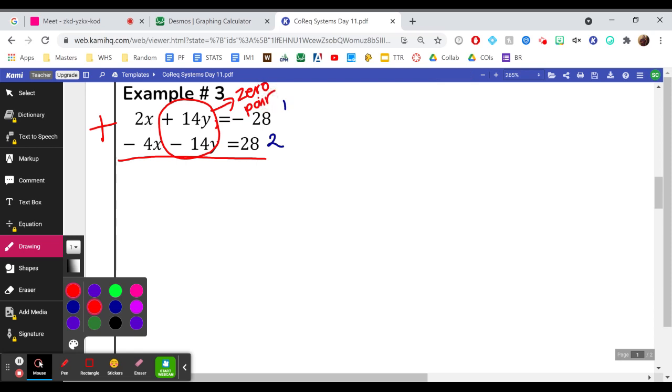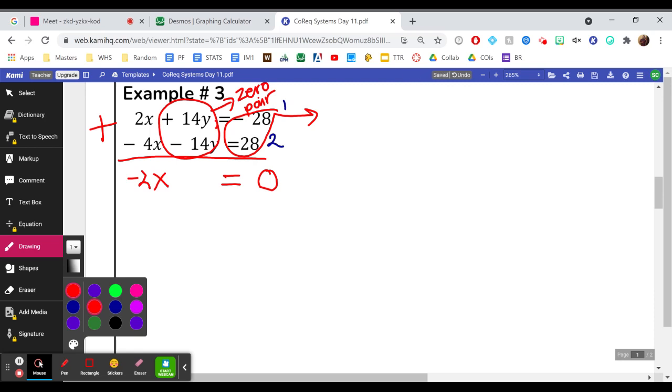They make a 0. So when I add them, 2x minus 4x gives me negative 2x is equal to, that's gone. So negative 28 plus 28, again, that's a zero pair. So I have two zero pairs in this problem. And since I can't have nothing on this side, I'm just going to write the 0.